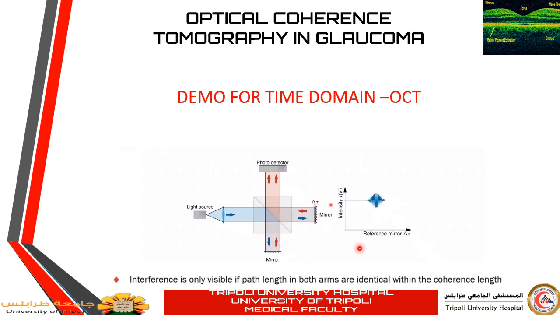Now, the coherence or constructive interference happens only when both the reflected rays and the rays from the reference arm have the same optical path. When they have identical optical path, at that time the constructive interference will take place exactly here. So this is the mirror, and it is moving so that it matches the optical length of the reflected rays.